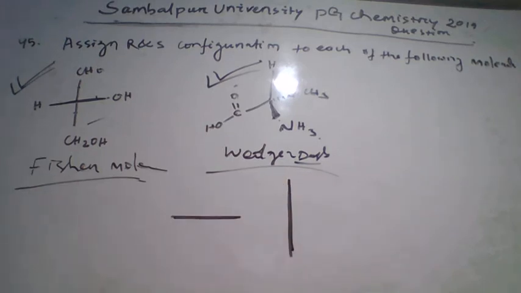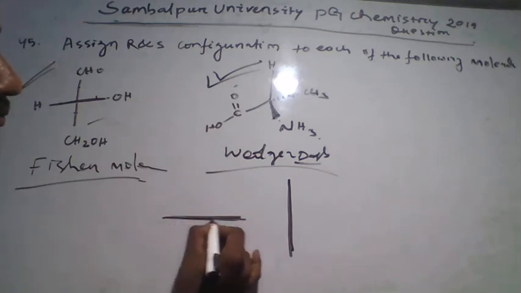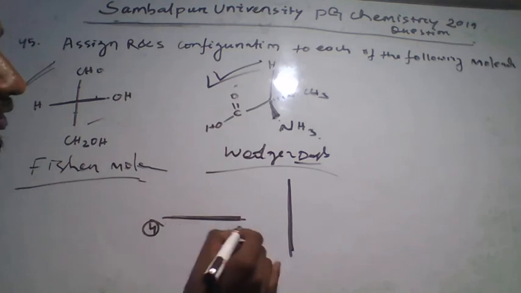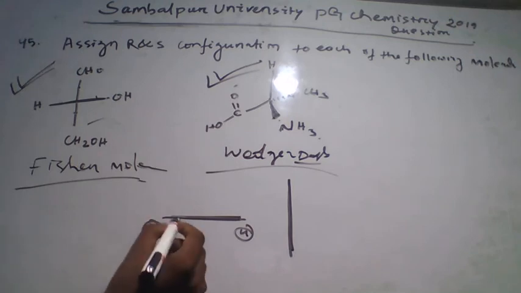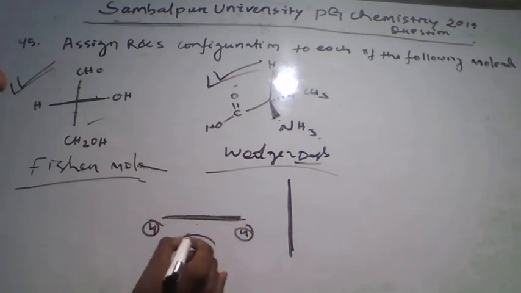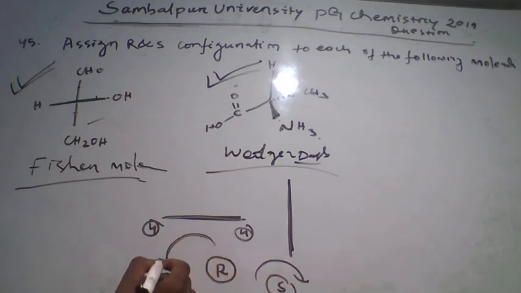Okay, if the lowest priority is in your vertical plane, that means here or here, then if the rotation is clockwise, it is S configuration. If the rotation is anti-clockwise, it is R configuration. That means reverse. If the arrow is in clockwise direction, it is S configuration.